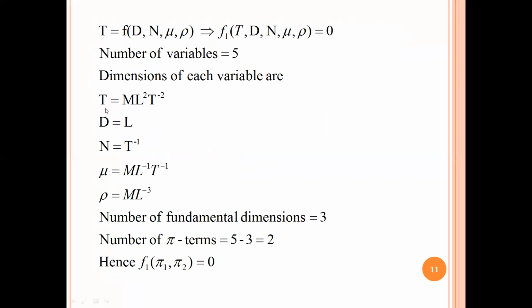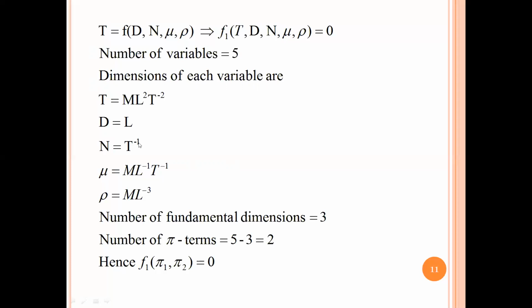So for torque, your torque is basically force into distance. So if you remember your dimensions of force, your force is mass into acceleration. So M L T to the power minus 2 into distance is L. So I'll have M L square T to the power minus 2. For D, it is length. For N, it is per second.